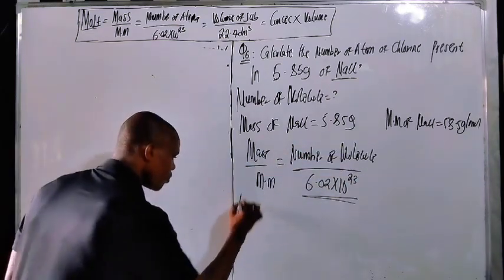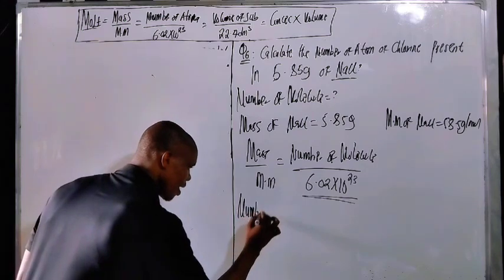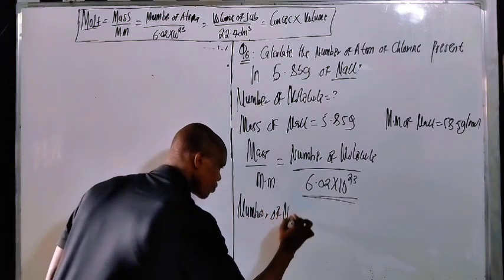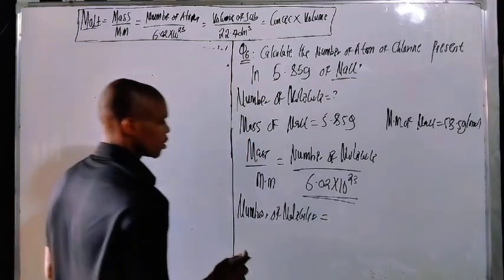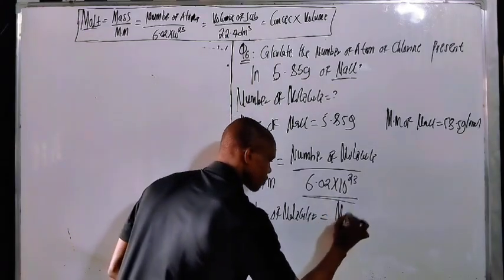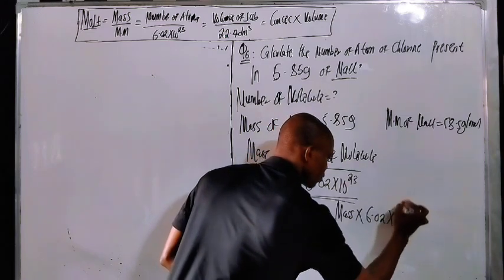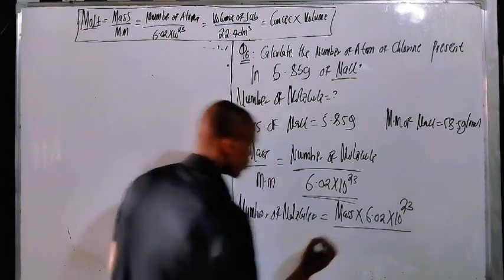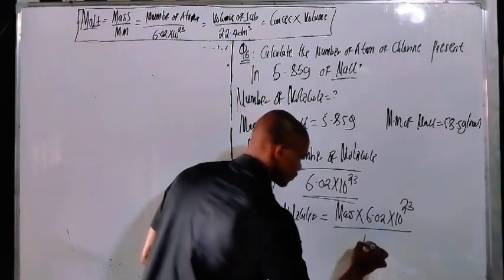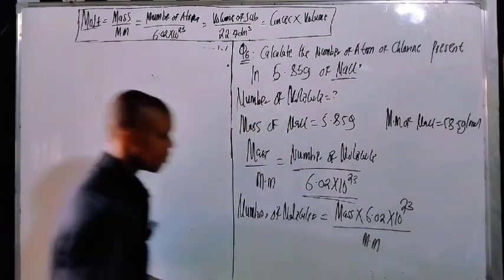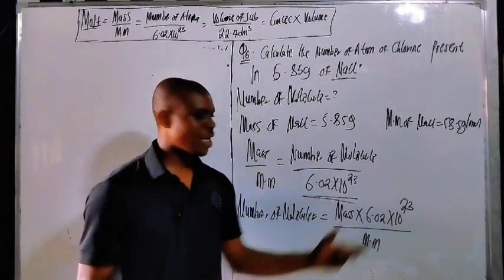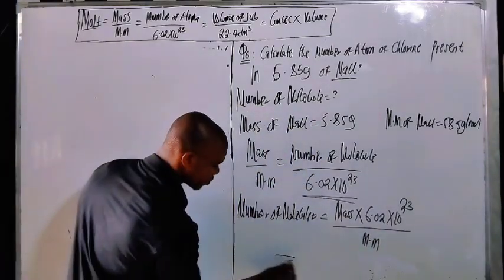You have numbers of molecule. Numbers of molecule equals to mass times 6.02 exponential 23 over, right, the molar mass, right? So now let's input our values.